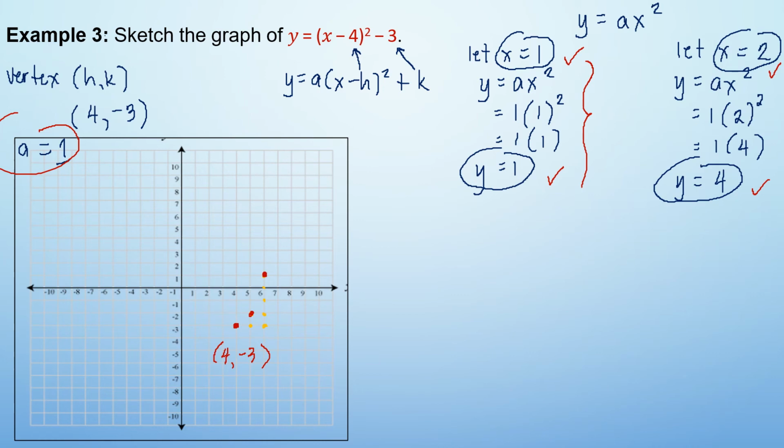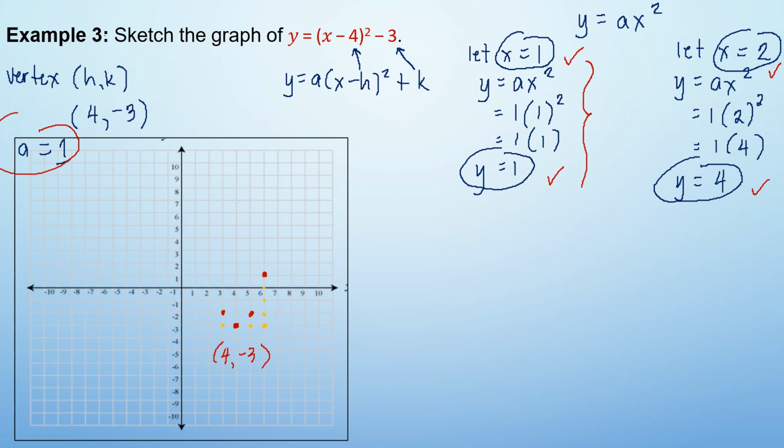Same also on the left side. If x is 1, y is 1, so we move 1 unit to the left and 1 unit upward.